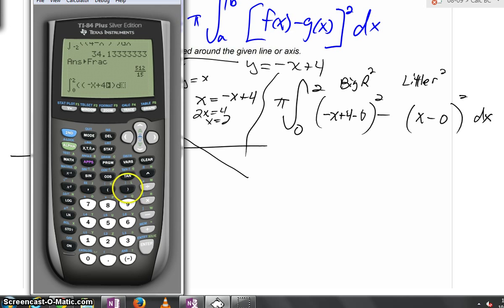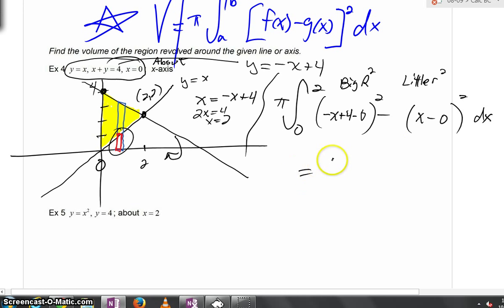And minus 0, of course, isn't going to change anything. I'll say that's squared. I'll say minus, well then in parentheses we'll have x, minus 0, I mean it's technically just an x, squared. Put in your dx, and I'm getting 16. Final answer would be 16 pi. Okay. We doing okay with that?